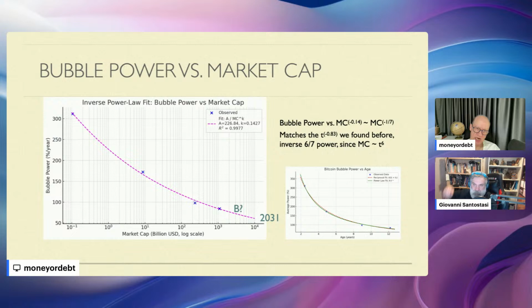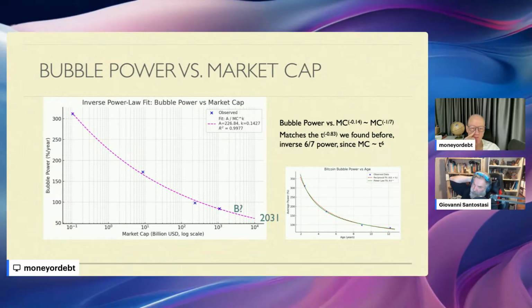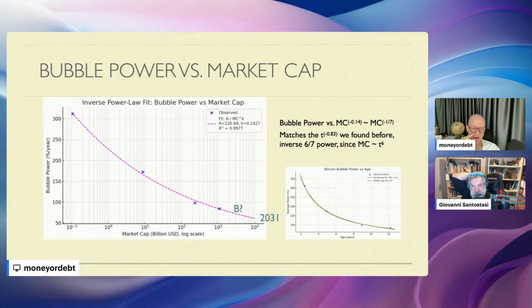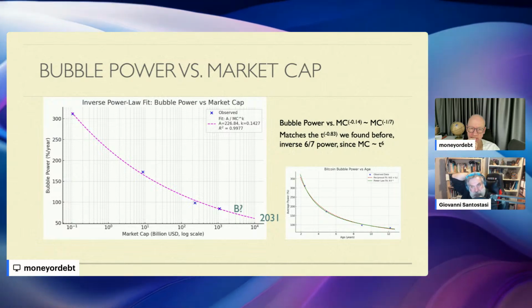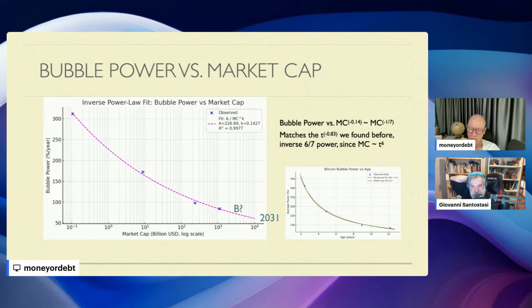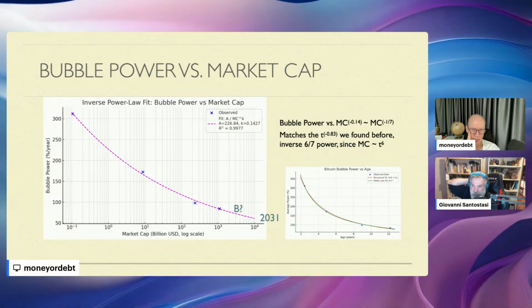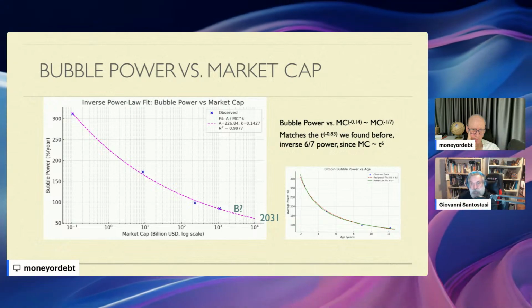Now you can see the projection here. I've got B marked. B is what we would hope for a bubble in 2025, that the market cap would increase to, say, 3 to 4 trillion.